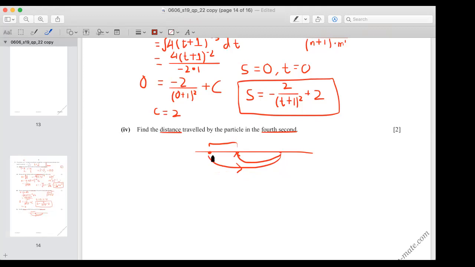So you displace only this amount. However, if you're talking about distance, you add this one with this one.